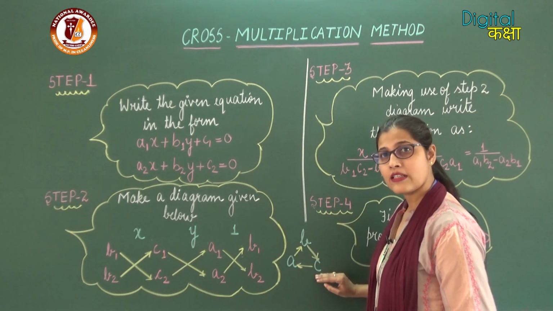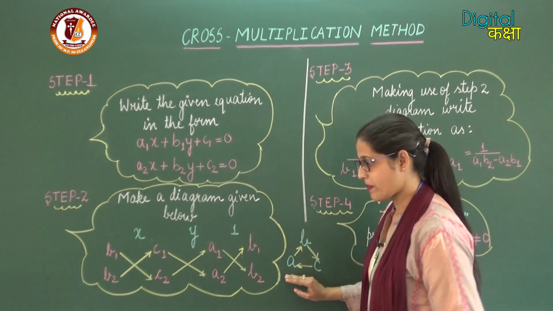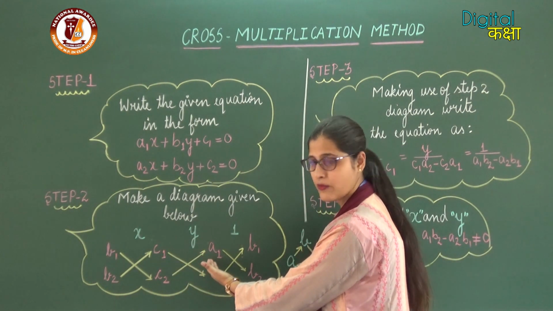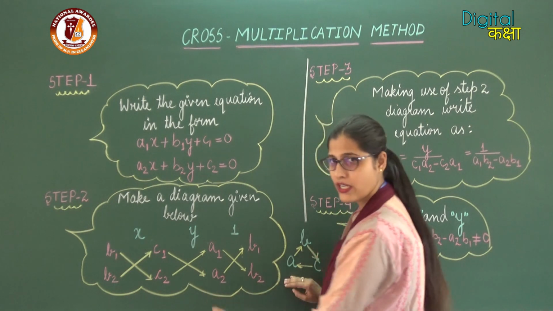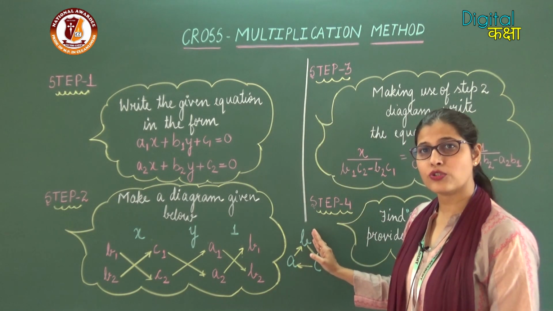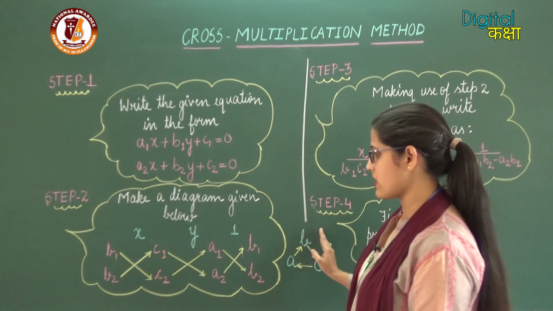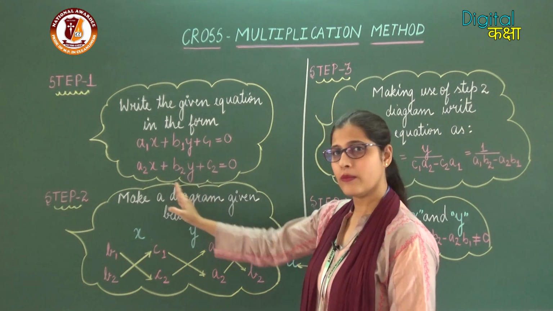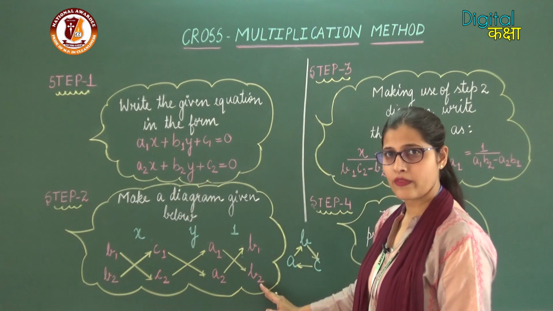Then from c, the arrow points towards a. So after c, we have to write the coefficient of x, which is a1 and a2. And then next to it, we have to again come back to b. So again we will write the coefficient of y, which is b1 and b2 respectively.